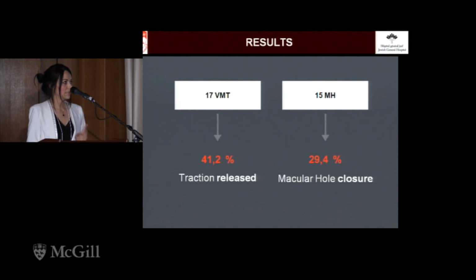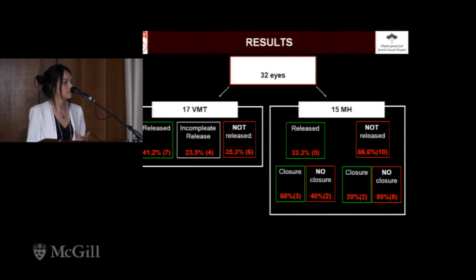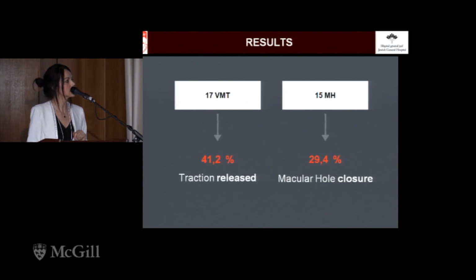If we look at that separately, for the VMTs, the traction was released in 40% of the patients, and about 30% of the macular holes closed after being injected.